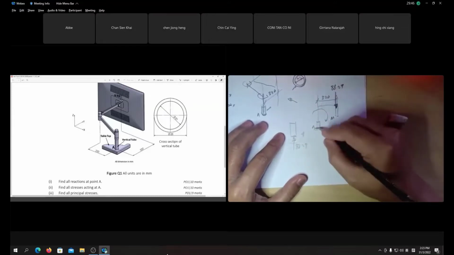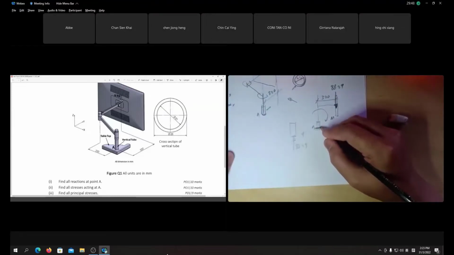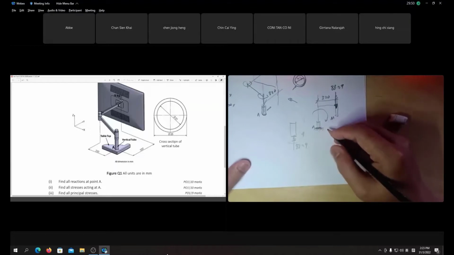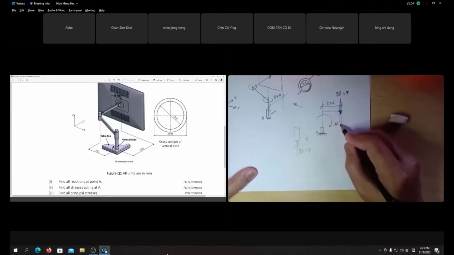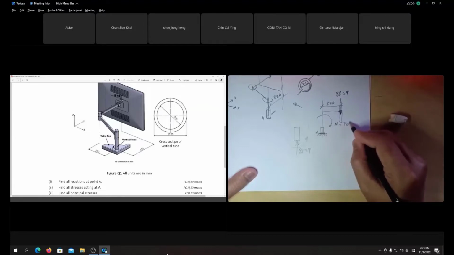Okay, at A element, what happened at A? At A tu dia ada moment kan, moment is force times distance. This one, 88.29 times 320.